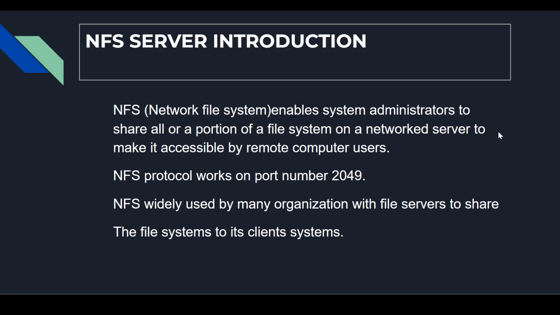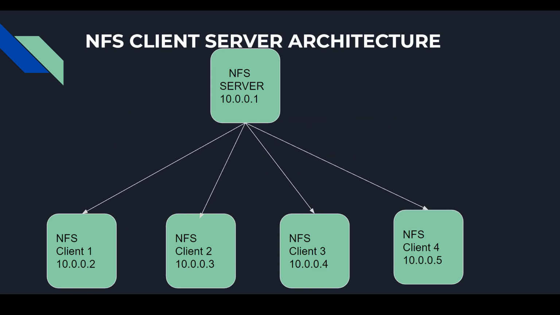This is a client-server architecture, so how does the NFS server work? Say we have one NFS server with the IP address 10.0.0.1, and we have 4 NFS client servers, 1, 2, 3 and 4.